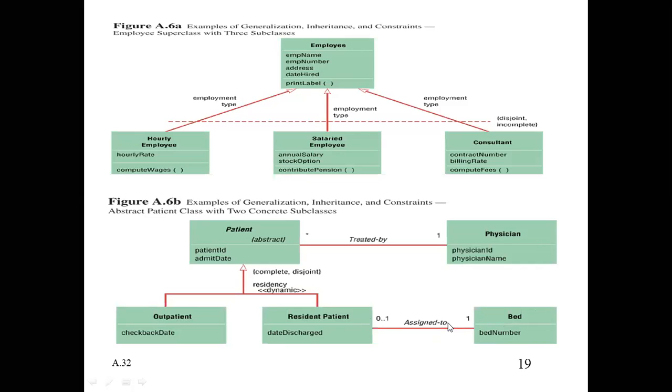This is a form in which we can represent generalization and inheritance concepts in the class. If you are able to draw such class diagrams for your particular problem, it will be easy for you to convert this object oriented analysis and object oriented design into object oriented programming.